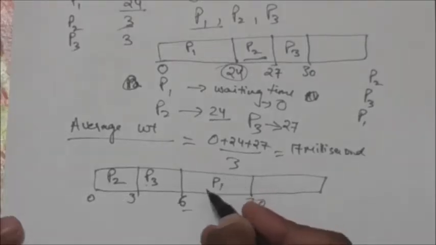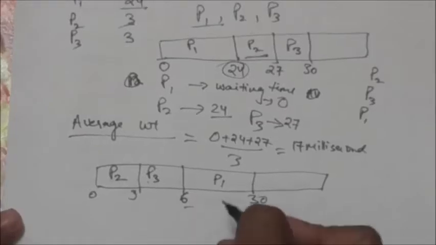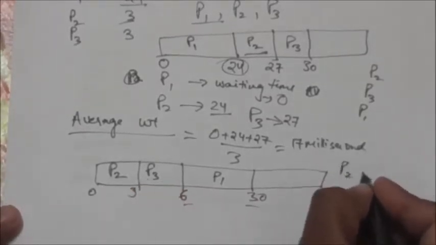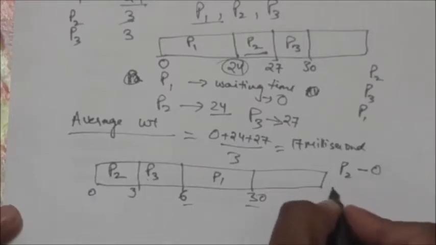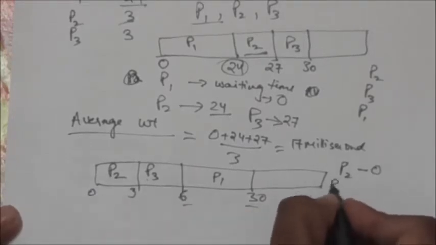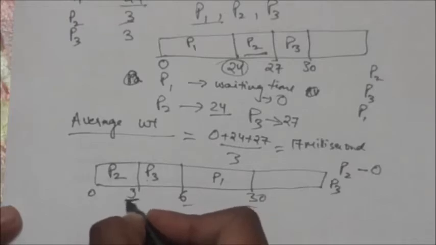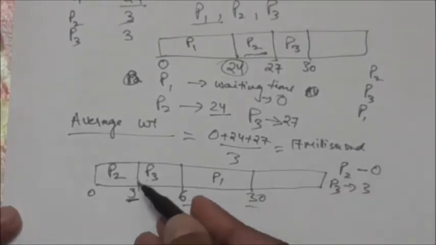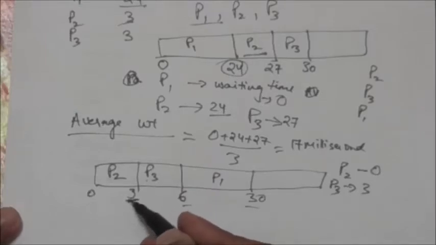Now see what the waiting time is in this case. The waiting time of process P2 is 0. The waiting time of process P3 is 3 milliseconds, because process P3 started at time 3.